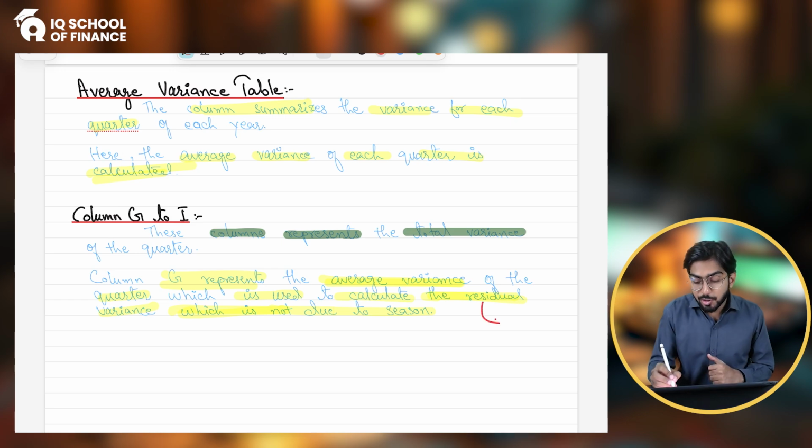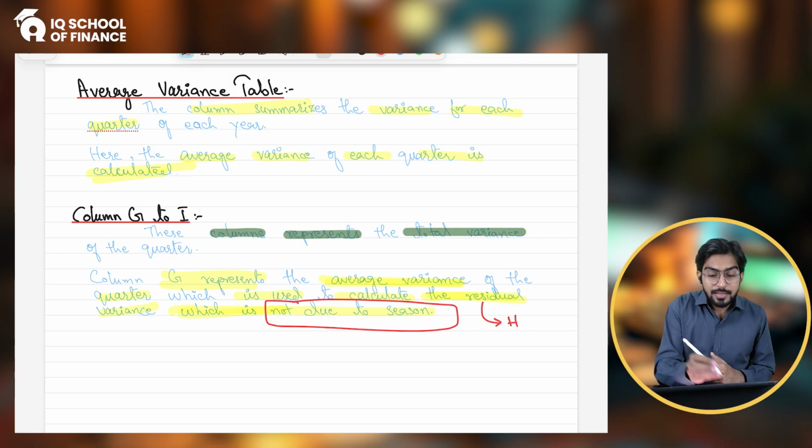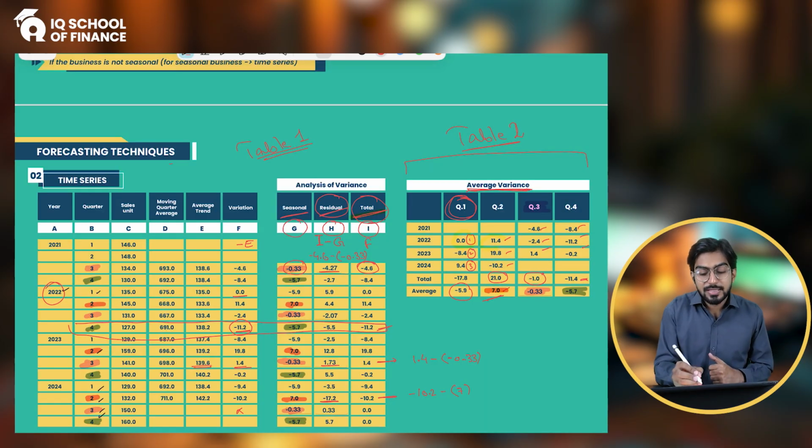Residual is in column H. Column G is due to the season, column H is not due to the season, and the total is I. I hope I was able to explain the whole time series analysis with clarity.